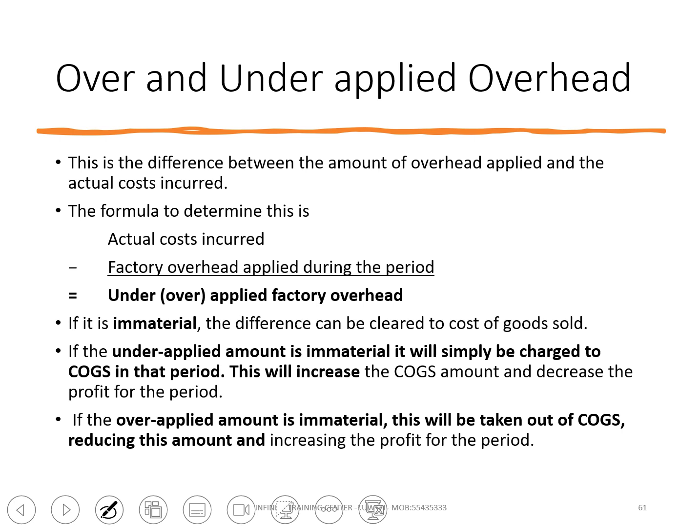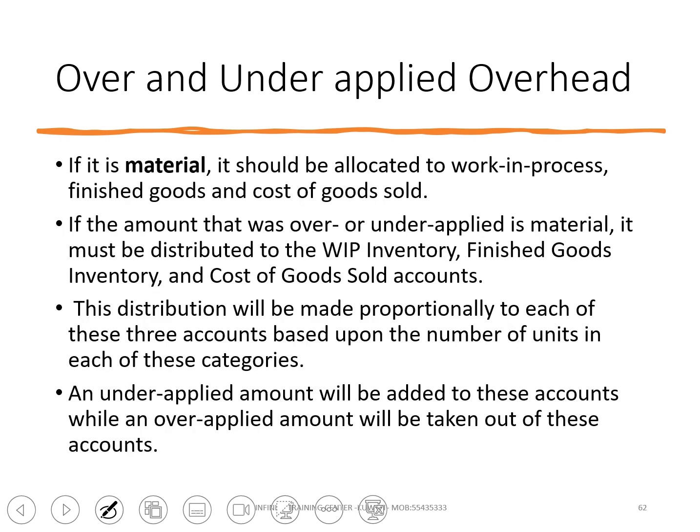But when this amount is material, this amount is big, then what we have to do, we have to allocate this amount to work in progress, finished goods and cost of goods sold. Why? Because you have some cost that is still lying in your overhead control account, and this amount is considered a big amount for that company. Then your costing has to be accurate, right?